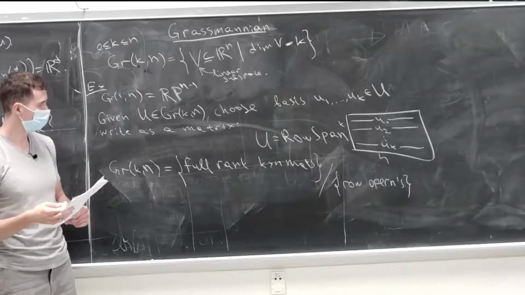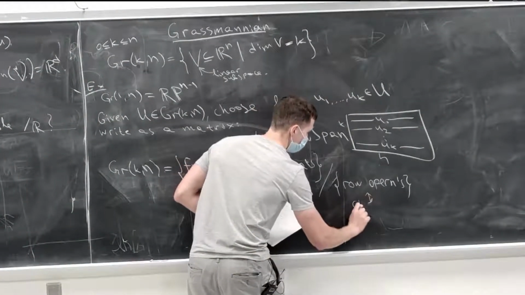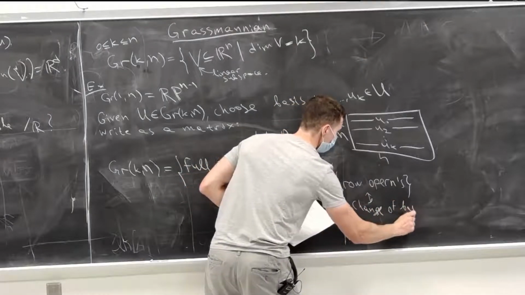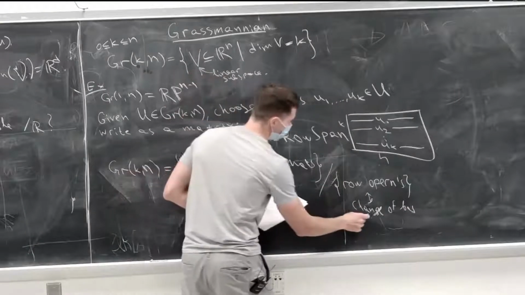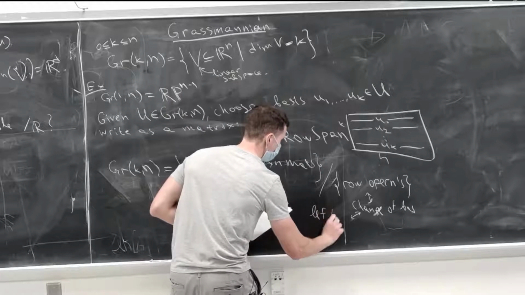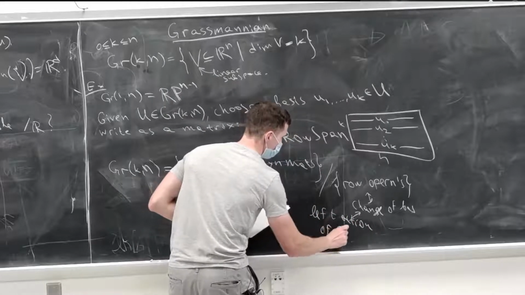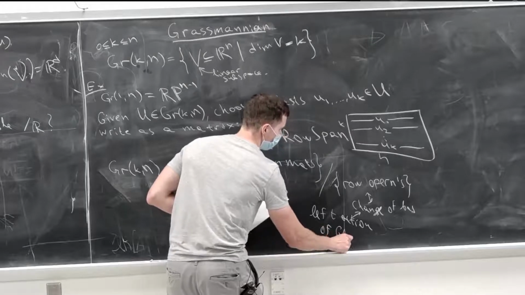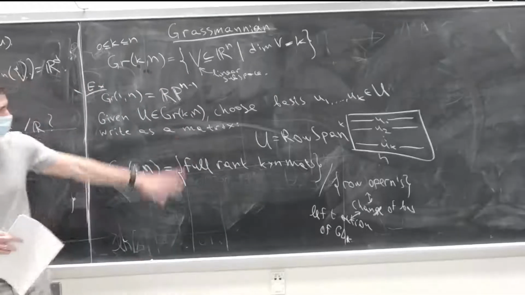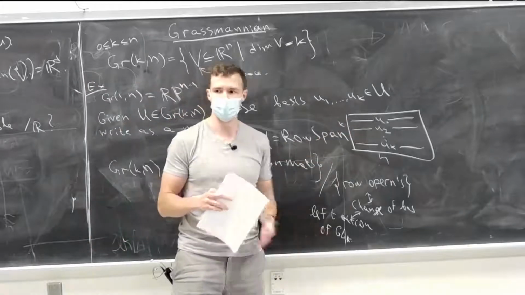Row operations correspond to change of bases, and it's the same as the left action of GL_K, the space of K by K invertible matrices. It doesn't really matter, but the point is that you think of subspaces in terms of matrices.